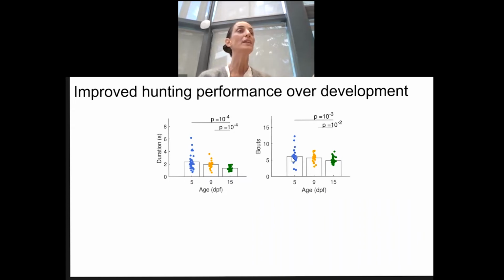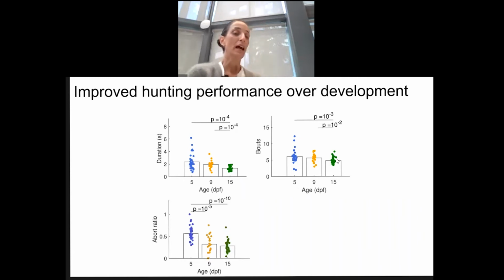And then we asked how many decision points, how many actions did they have to elicit in order to get the target. Also for that, we saw a reduction in the number of actions the animal was doing. We also looked at accuracy rates.